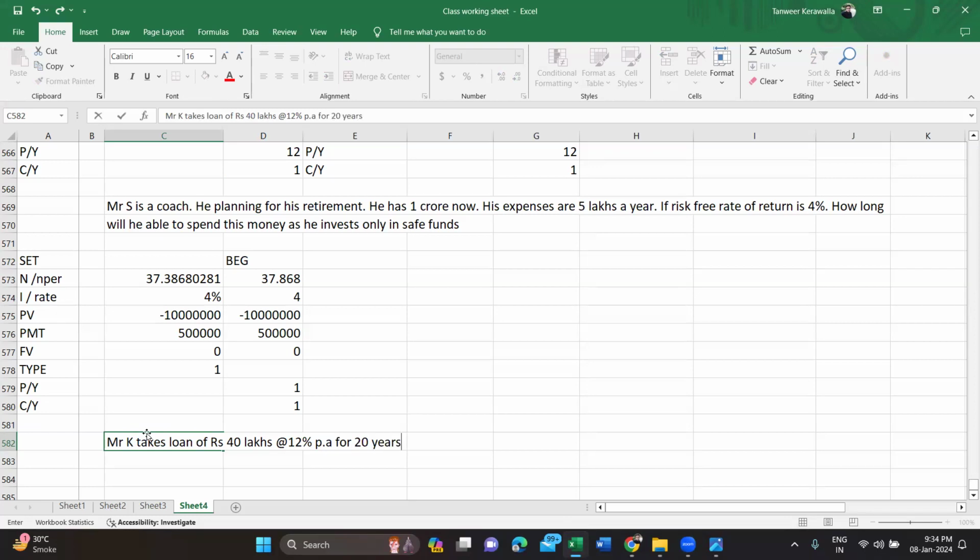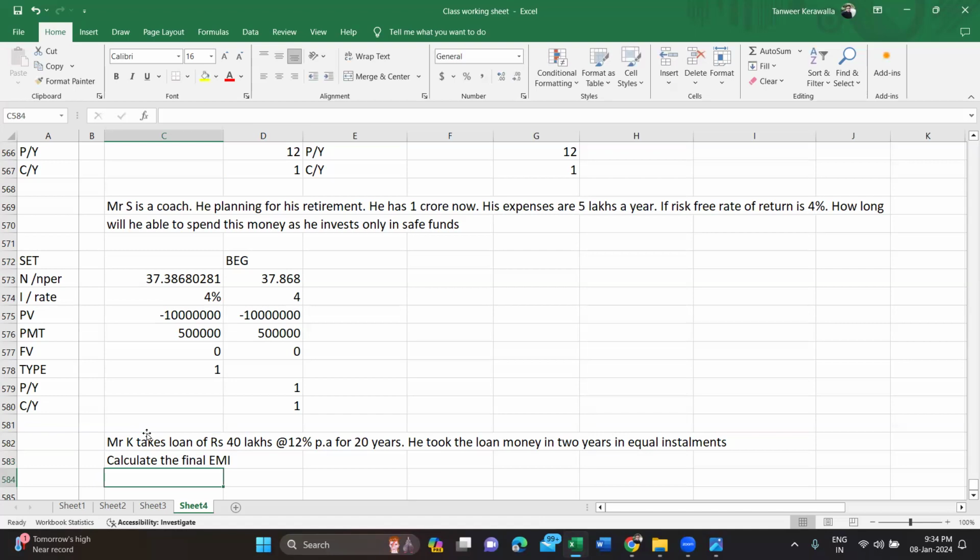Now this is an interesting question. He took the loan money in 2 years in equal installments. Calculate the final EMI.